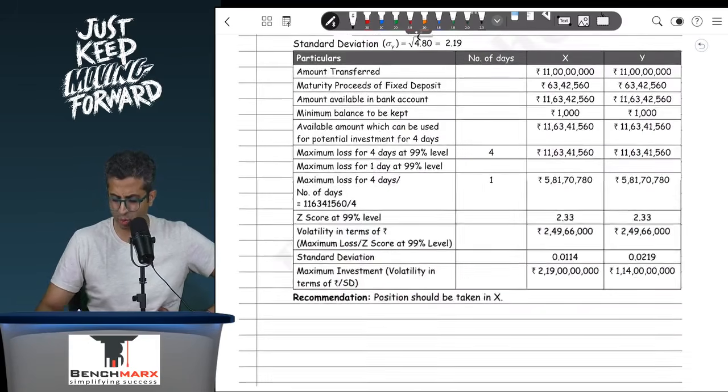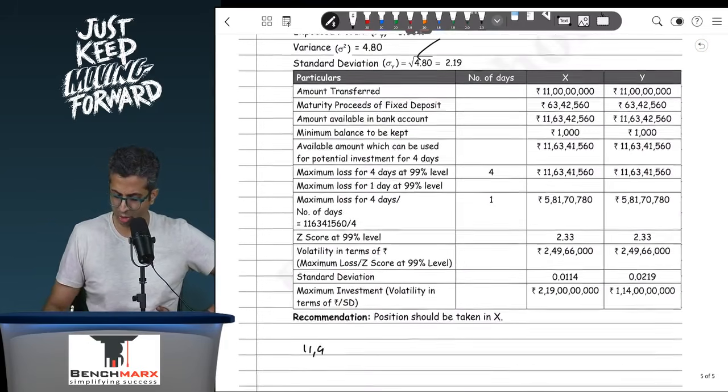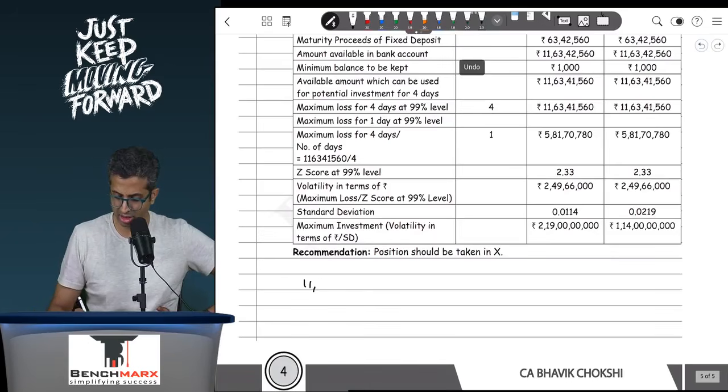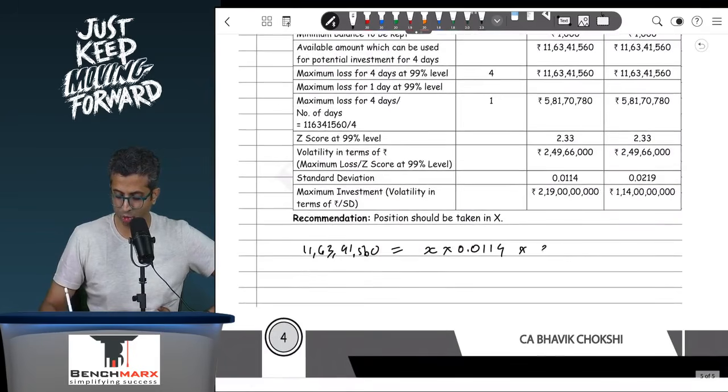If I look at one of them, let us say X, 11 crore 63 lakh 41,560 equals, let the amount invested be X into 0.0114, which is 1.14%, into 2.33 into the root of 4.